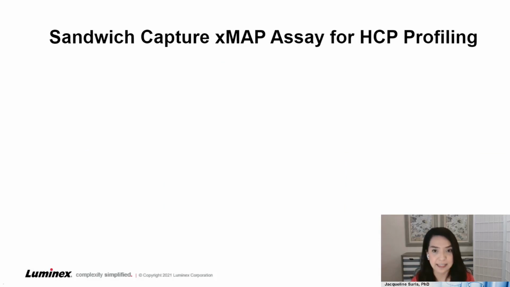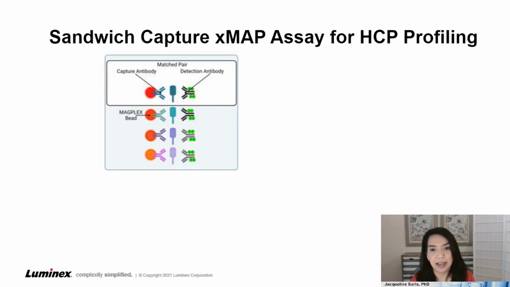So far what I've seen is it's a typical sandwich capture assay for HCP profiling. It's very similar to an ELISA, where you have your antibody matched pair and your sandwich capture assay, which recognizes two different epitopes for your target of interest.